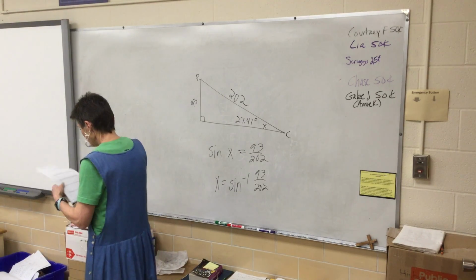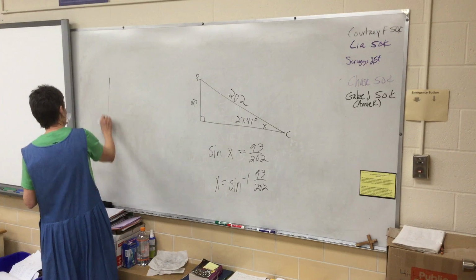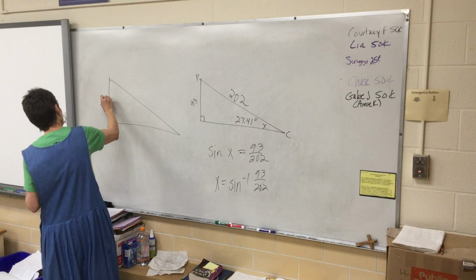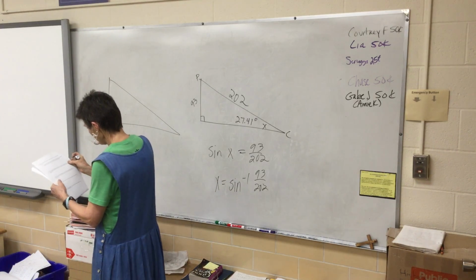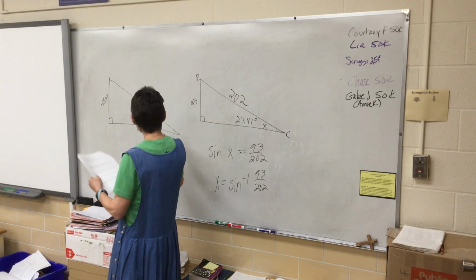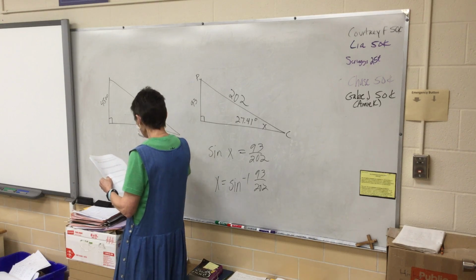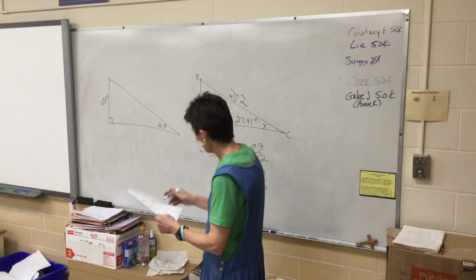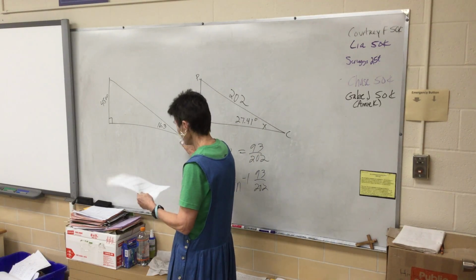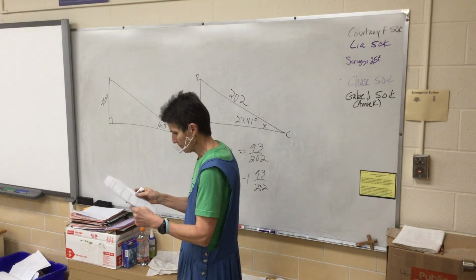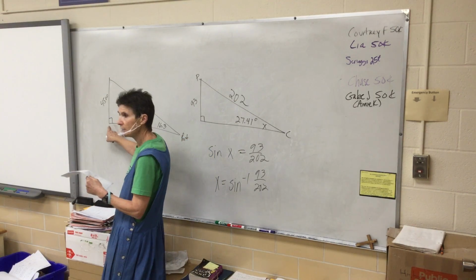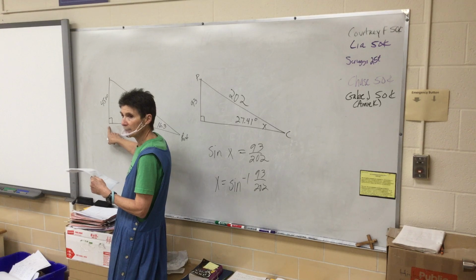An airplane is currently 4,500 feet above the ground. So here's the airplane, 4,500 feet above the ground, and the angle of depression is 16.3. How far is the airport, this is the airport, how far is the airport from the point on the ground directly beneath the airplane?